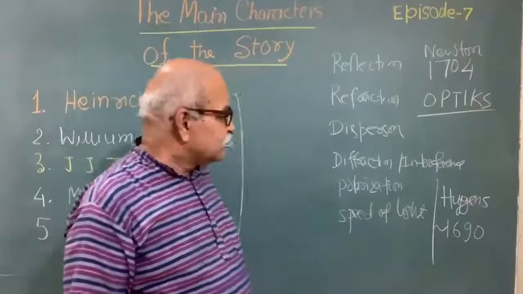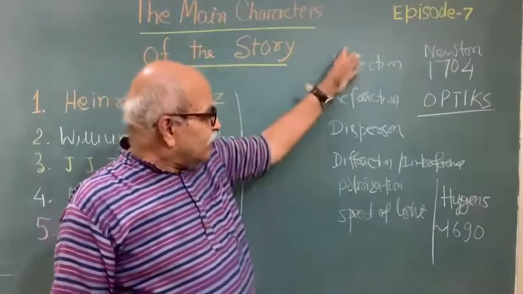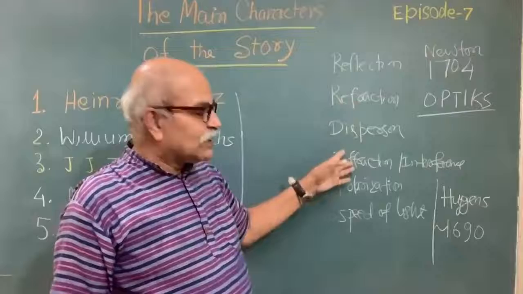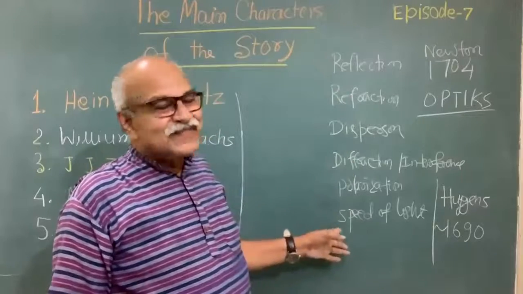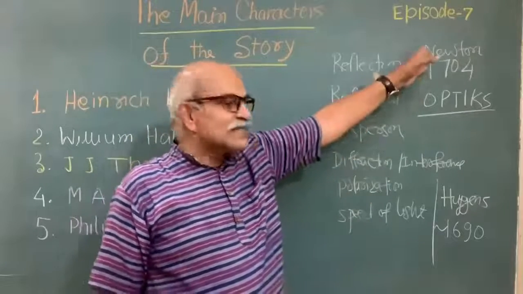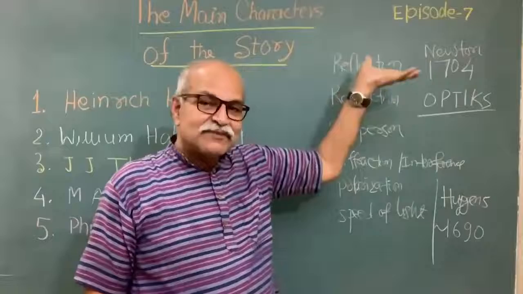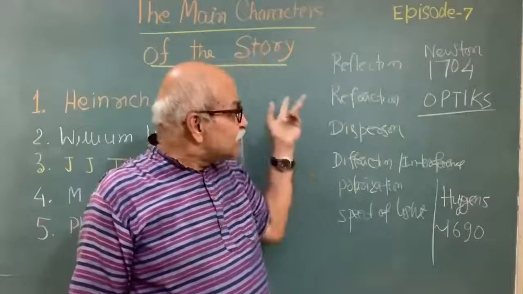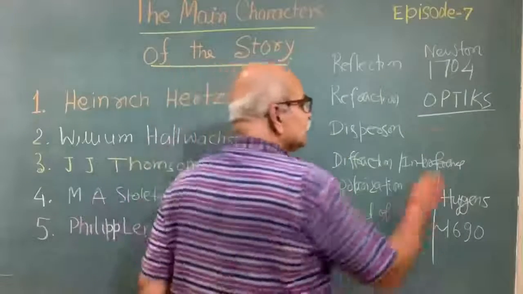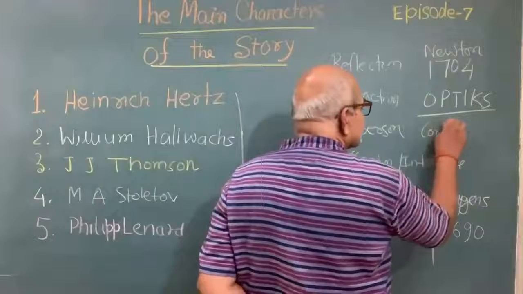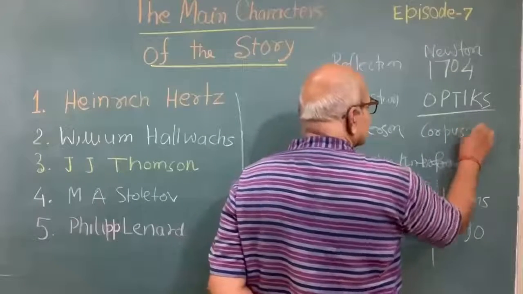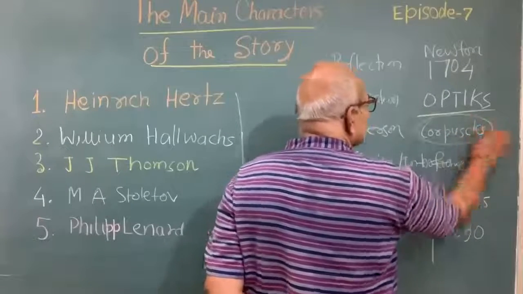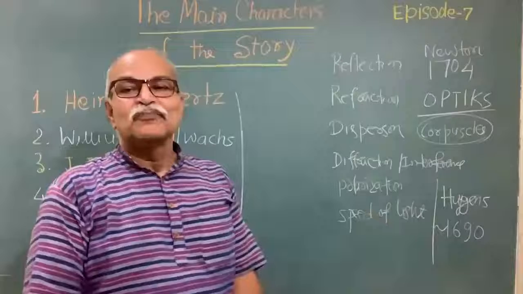Now the thing is that these are the same experiments, the same phenomena. When Newton performed the experiments and described them, he described everything in terms of corpuscles, which are small particles.